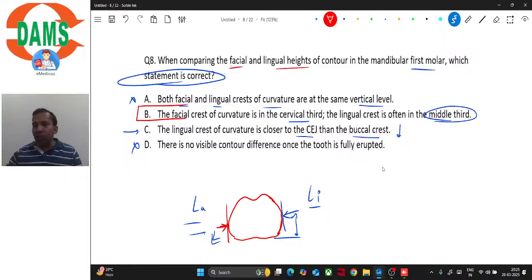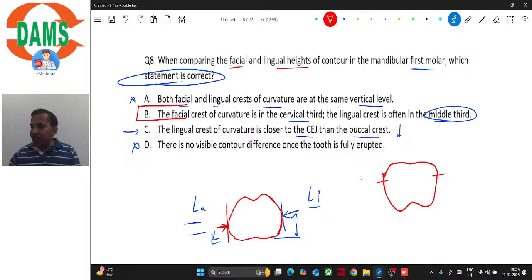Now, if you compare it to the maxillary teeth, what you would notice is the maxillary teeth appear almost trapezoidal, isn't it? So in the maxillary teeth, though the lingual crest of curvature is slightly higher, they are both in the cervical third, right?